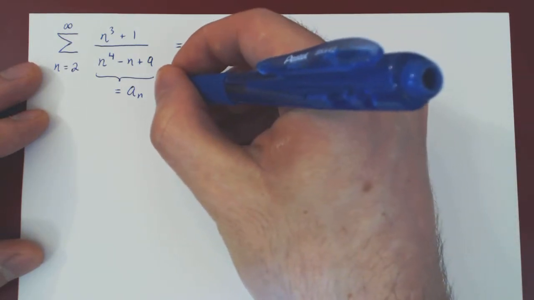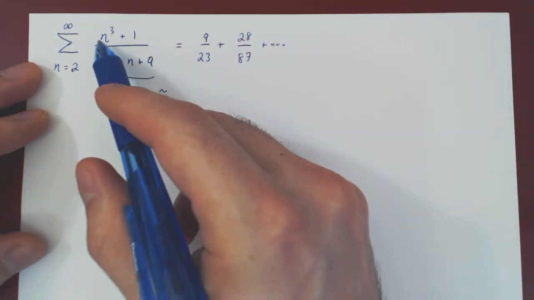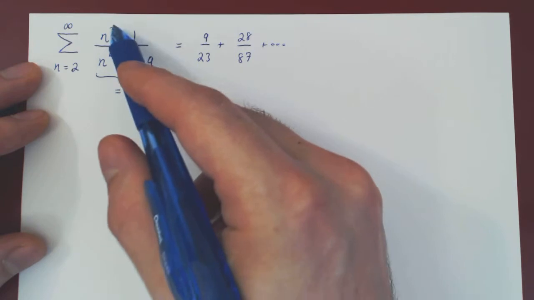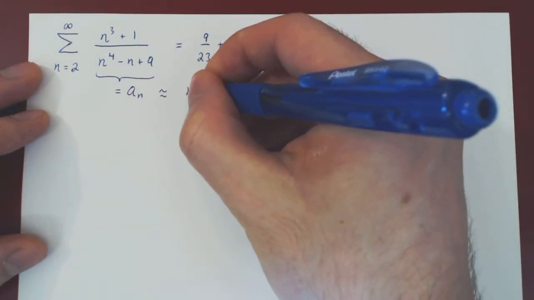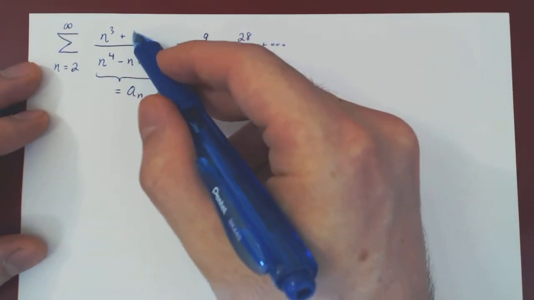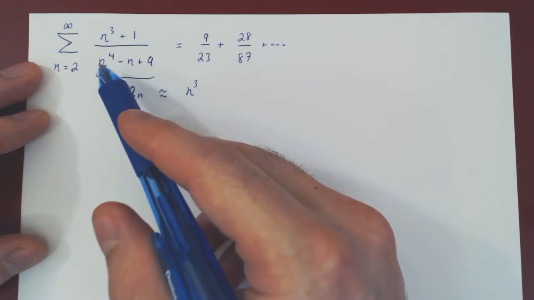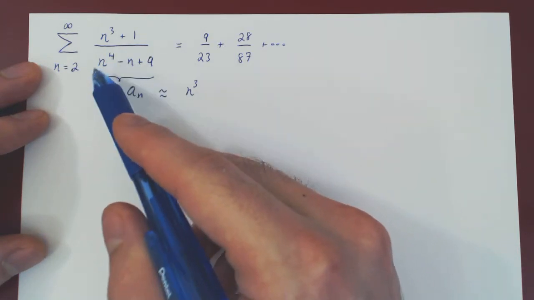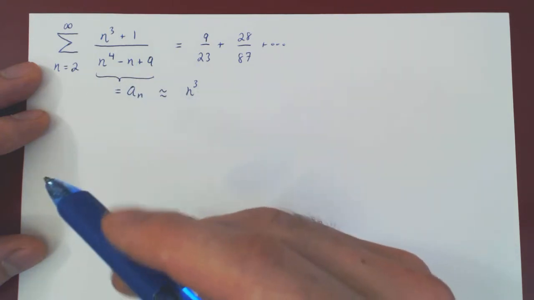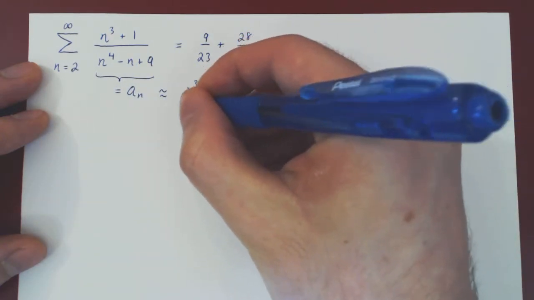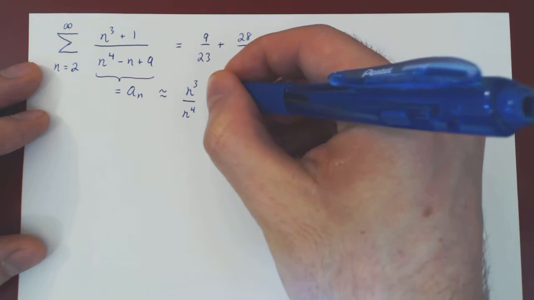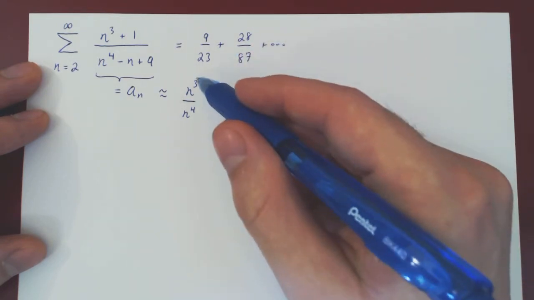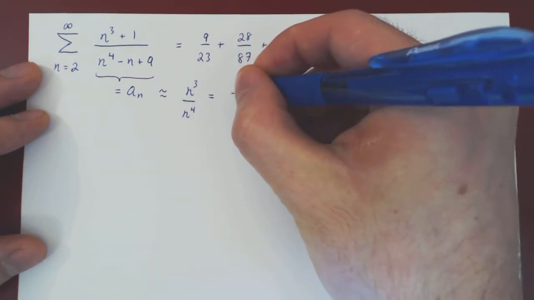Well, let's see if we can have some intuition. The dominant term on top is clearly n cubed. When n is large, n cubed is way bigger than 1. And on the denominator, when n is large, n to the 4 is way larger than n and 9. So we single out the dominant term on top and on the bottom. If we do simplify, we're left with 1 over n.